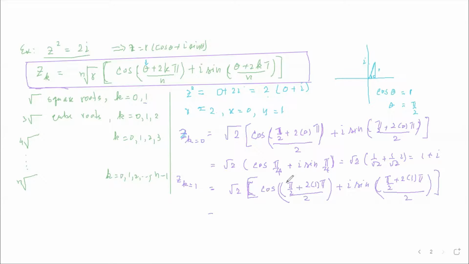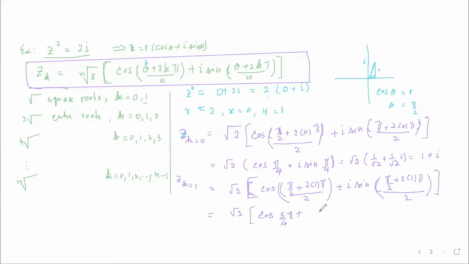Okay, now you just simplify. So it becomes root 2, and this one becomes what, 5 over 2 pi, right? 5 over 2 pi divided by 2 becomes 5 over 4 pi. So cosine becomes 5 over 4 pi.